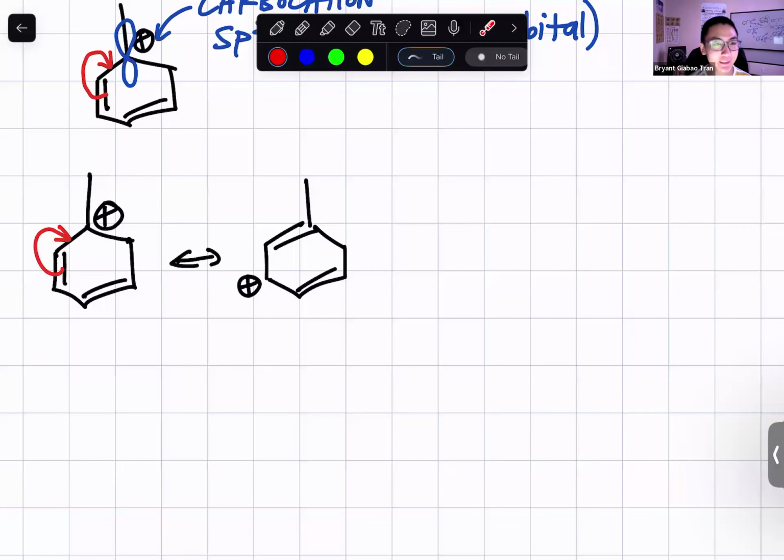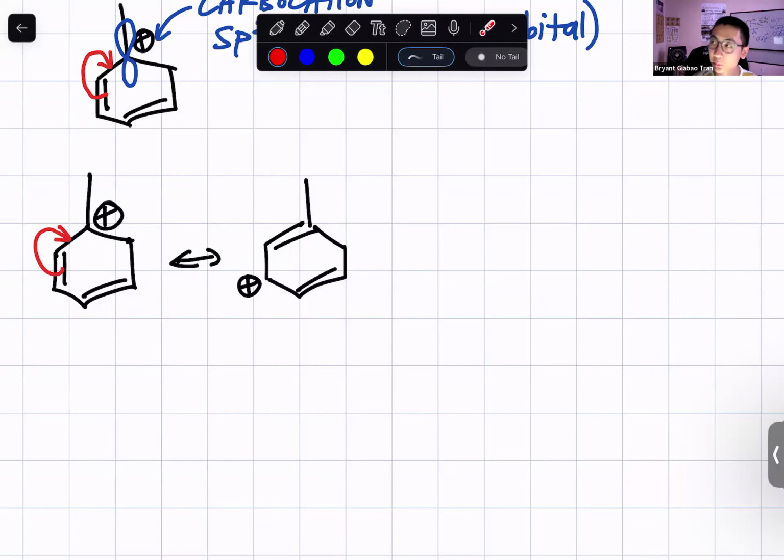What would the next resonance structure look like, do you think? Well, one more question. When we're doing resonance structures, the goal is to have it on the more electronegative atom, or the more positive?